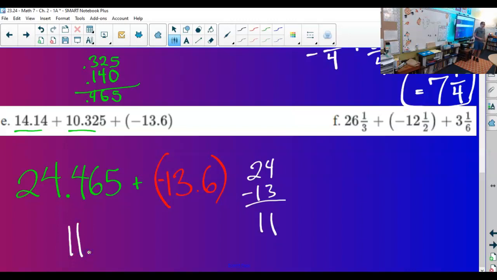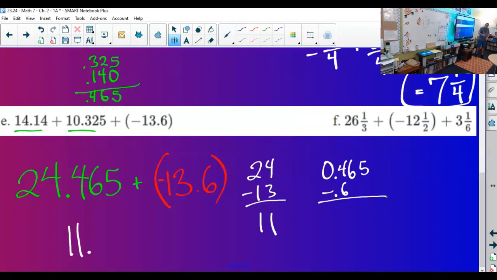But guys, this is where you might make your mistake that I'm hoping we'll avoid. Raiden, you with me? Because you're way back there. The good guy's going to win. He's stronger. So the subtraction that I'm trying to do is 24.465 minus the 13.6. Can I do that? No. Not really.